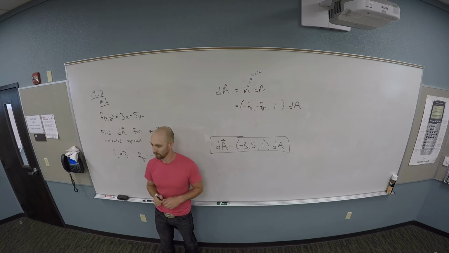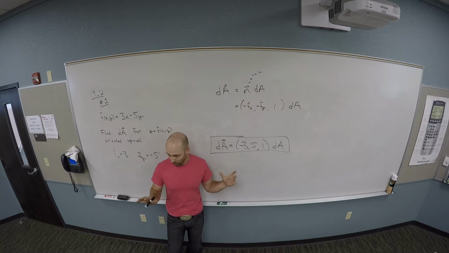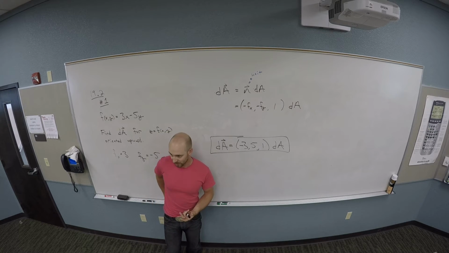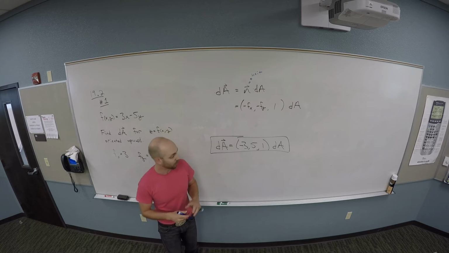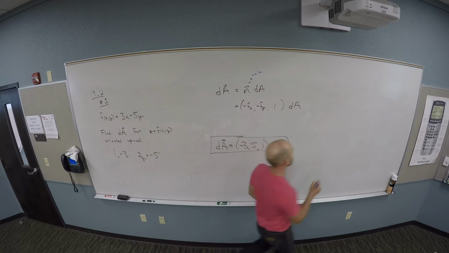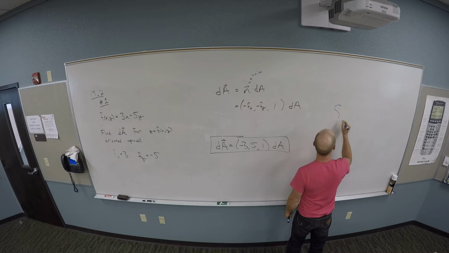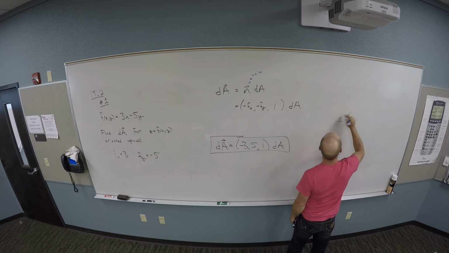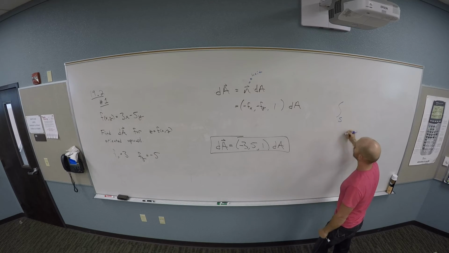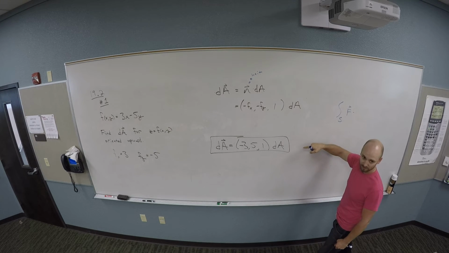But what I didn't understand is when you multiply it with, oh yeah, so this is just finding the d area part, right? If I'm going to actually execute a flux integral, right, I'm going to have the integral over my surface S of some vector field F dotted with this thing.